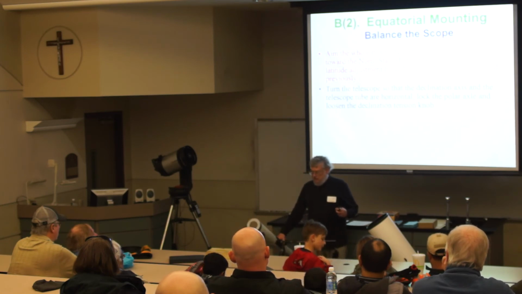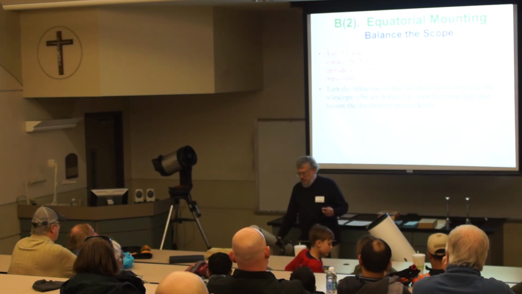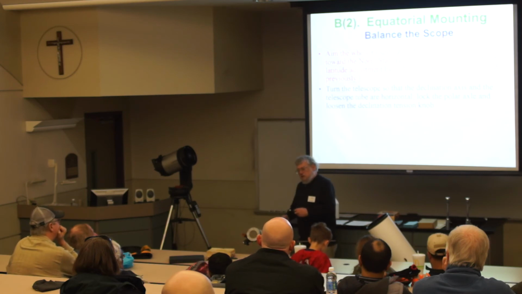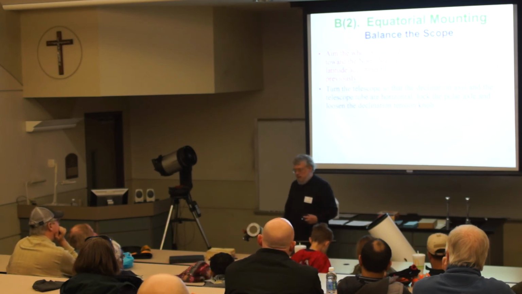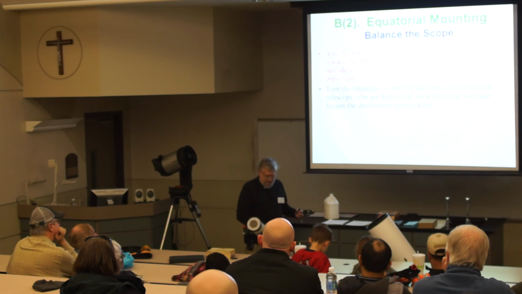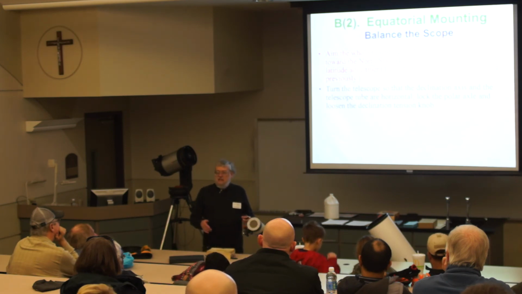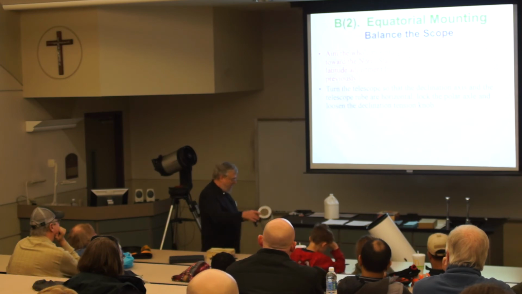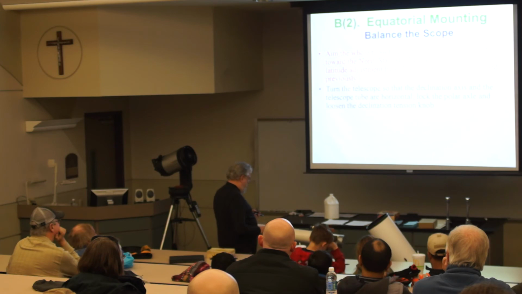It should be balanced close enough to do that. Now, if you put in heavier eyepieces or cameras or something, you'll either have to slide the telescope along to make up for that, or hang counterweights off the end to balance that. But you want to get it balanced as close as possible this way so you can let go of it and it stays put. Then you turn it the other way.